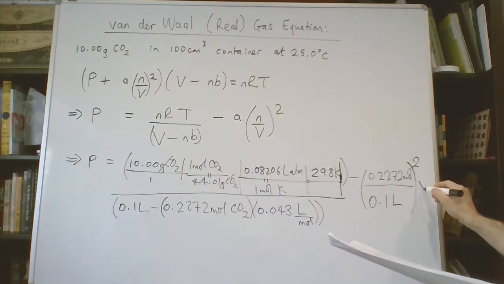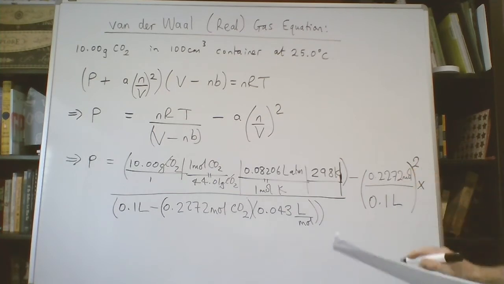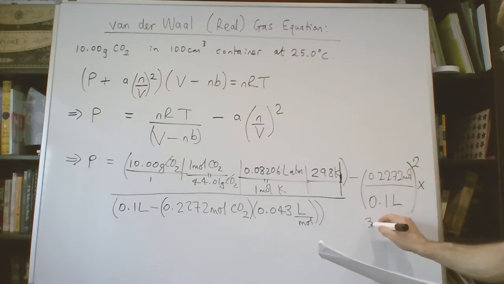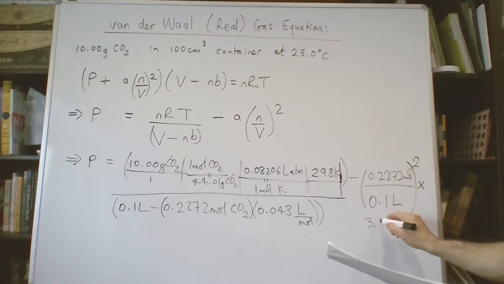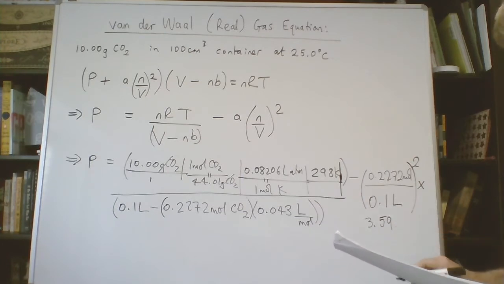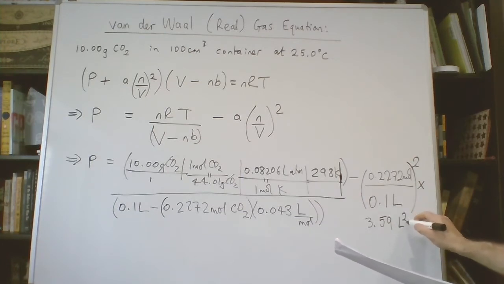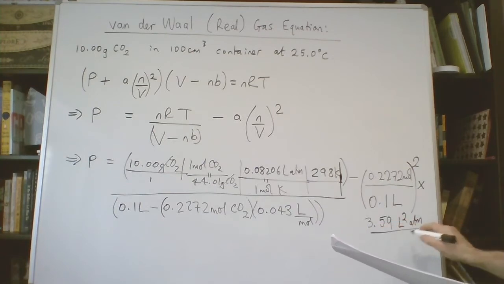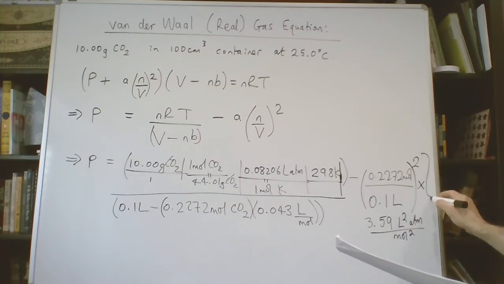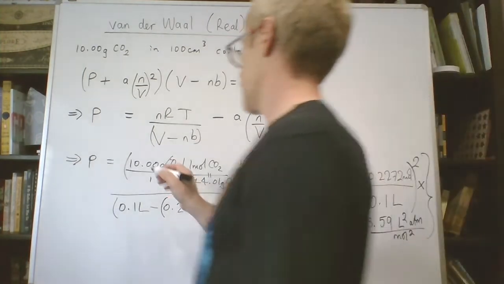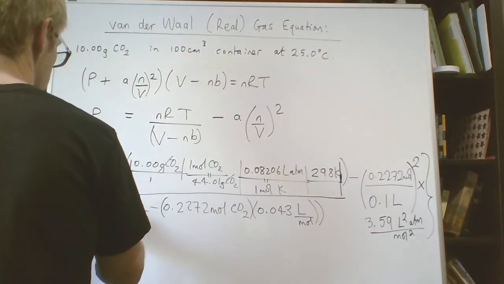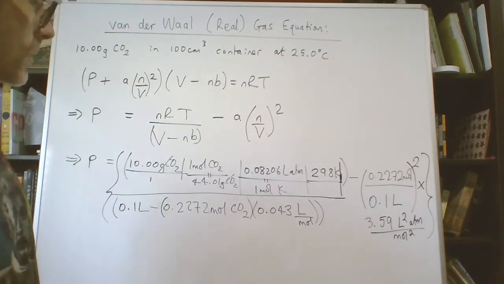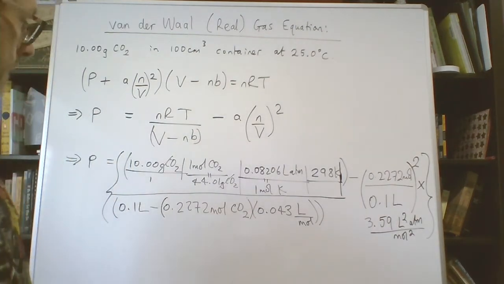Now a, sorry, this is a bit squished at the end, a is 3.59, and the units are liter squared atmospheres per mole squared. Okay, so it's squished, but it's intact.